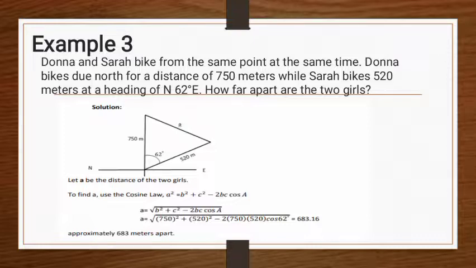A squared equals B squared plus C squared minus 2BC cos A. So the solution is A equals the square root of B squared plus C squared minus 2BC cos A. So this is 750 squared plus 520 squared minus 2 times 750 times 520 cos 62 degrees, which is equal to 683.16. Approximately 683 meters apart.